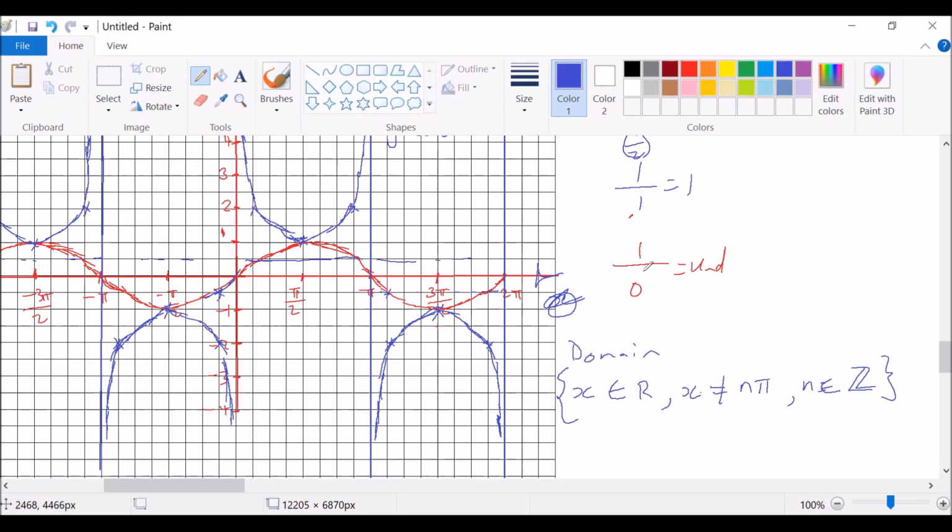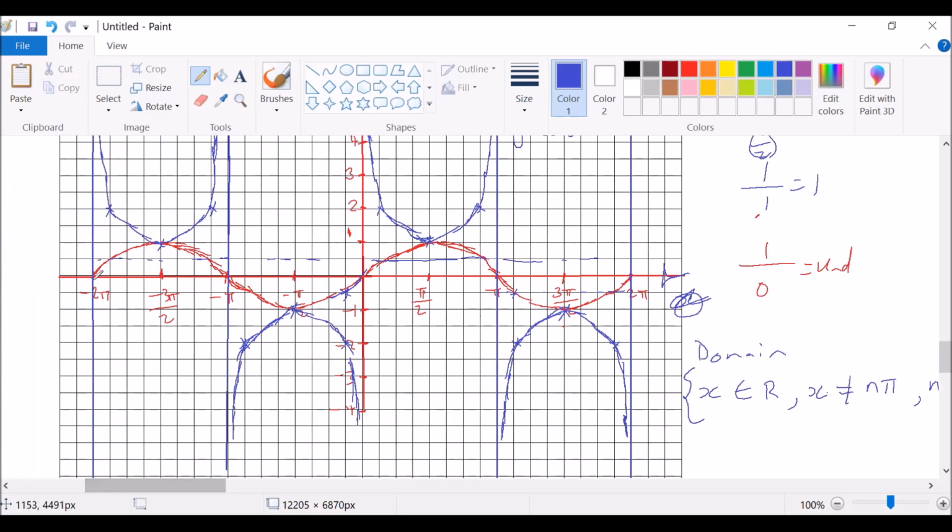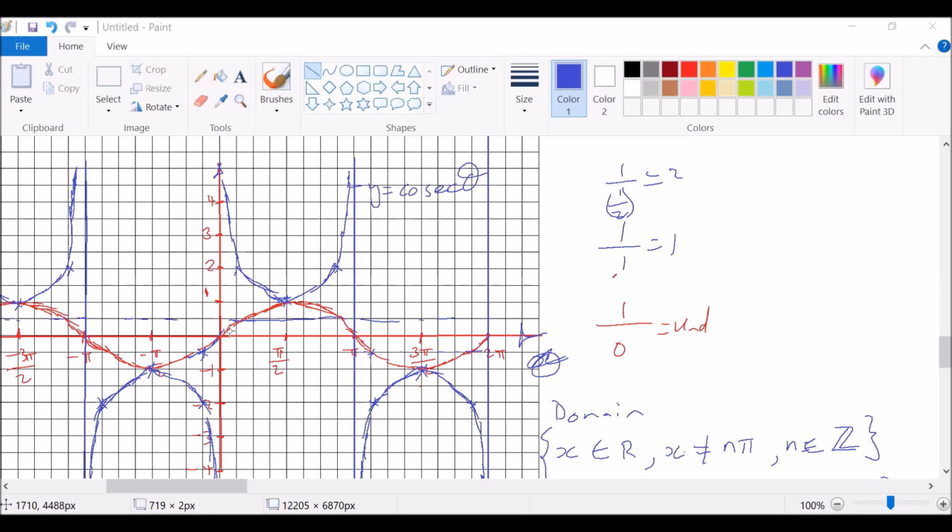Pi, 2 pi, 3 pi, 4 pi are not included, where n is an element of integers. Minus pi, minus 2 pi, minus 3 pi are not included since they are asymptotes. Also, 0 pi here is not included because it is an asymptote. So any integer multiple of pi is not an element.